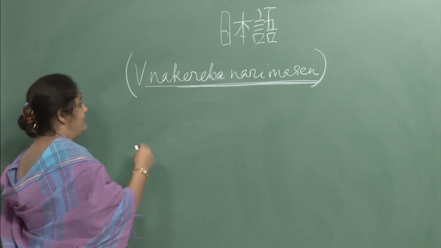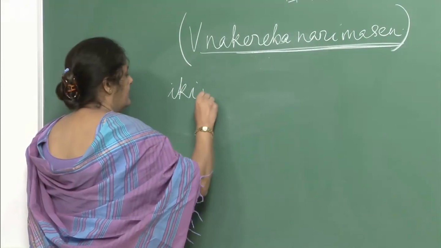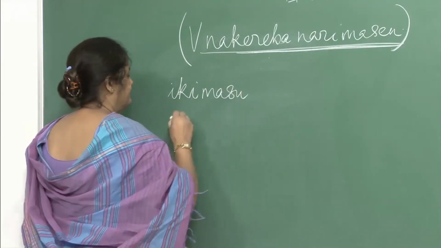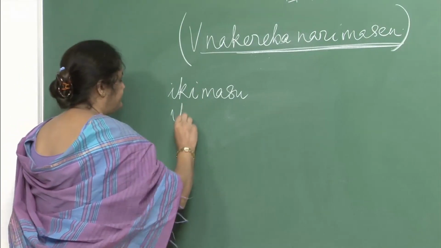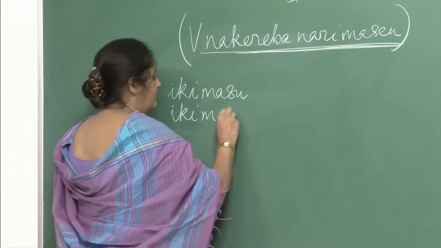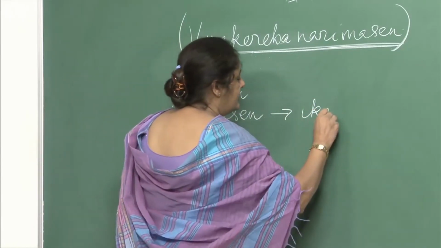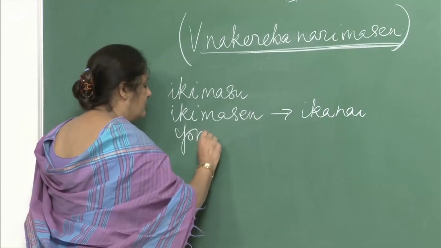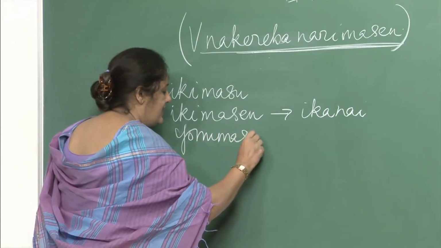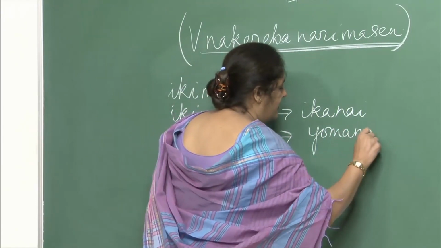Now, how is it made? Ikimasu, masen, plain form is ikanai. Yomimasen, yomanai.